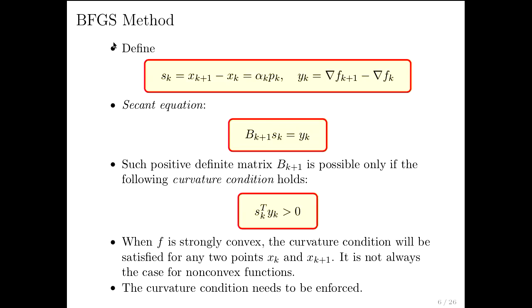Now, the other thing I want to happen is that I can find a positive definite B that satisfies this condition. So these are the two things I want to happen. Here a statement is made that it is possible only if this condition is satisfied.